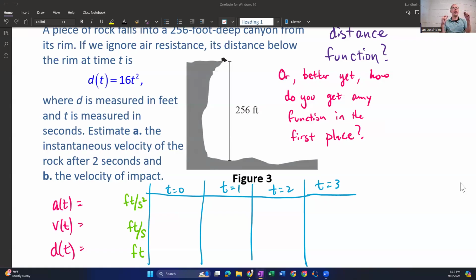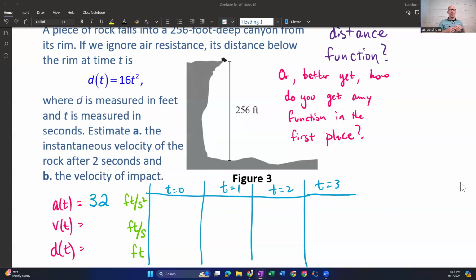The acceleration due to gravity is approximately constant, no matter where you are on the face of the Earth. And the gravitational constant, when you're measuring it in feet per second squared, is 32 feet. Normally, we orient this down, and we might give it a negative sign rather than a positive sign. In this case, we're measuring the distance below the rim, and so we're just going to leave this at 32 feet per second squared.